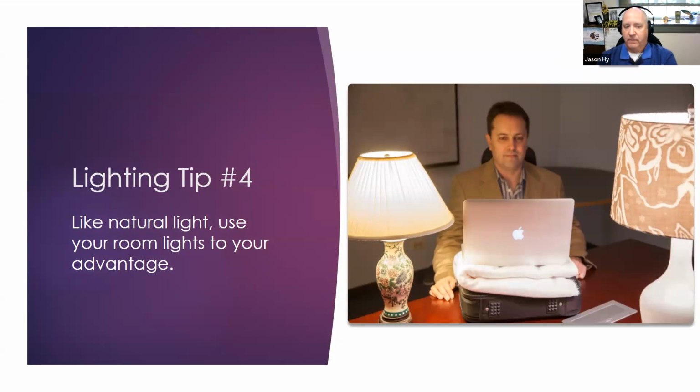Lighting tip number 4. If you can't, like the gentleman in the previous slide in his basement, have a window nearby, use your room lights to overpower and override your computer light and use those to your advantage.